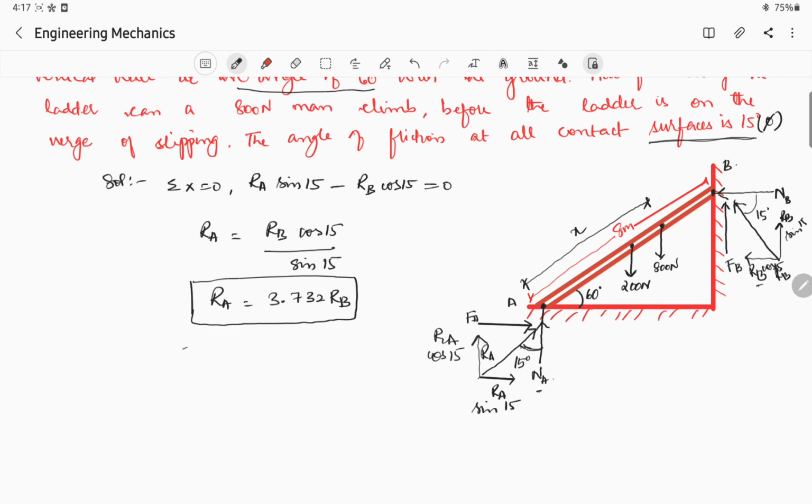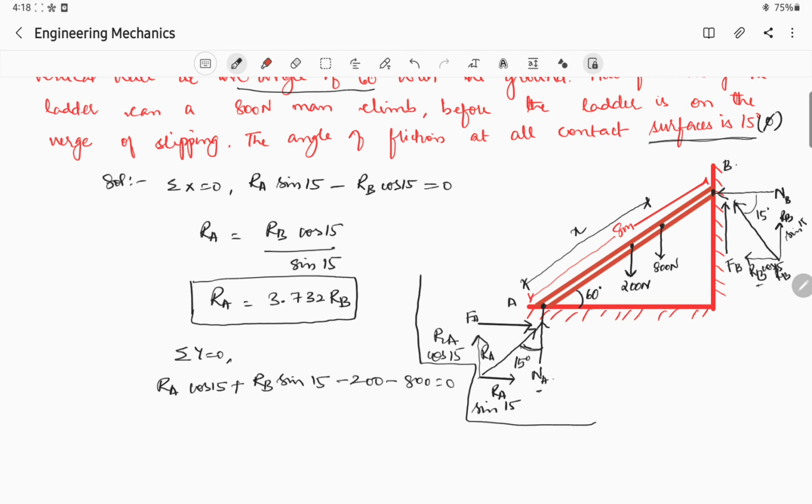Okay, next we'll go for sigma y is equal to 0. Now you can see how many vertical forces we have: RA cos 15 plus RB sin 15 minus 200 minus 800 Newton equal to 0. Able to understand?